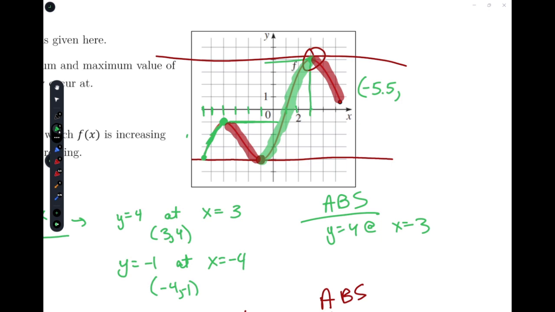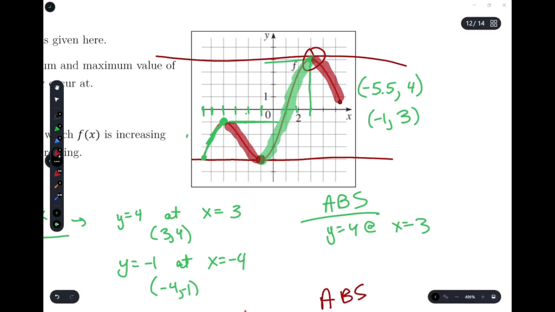Because it has the solid dot, it's not going to be considered negative infinity. No, it doesn't go to infinity. Correct. So it stops around 1, 2, 3, 4-ish. And then the other one is like -1 to 3.